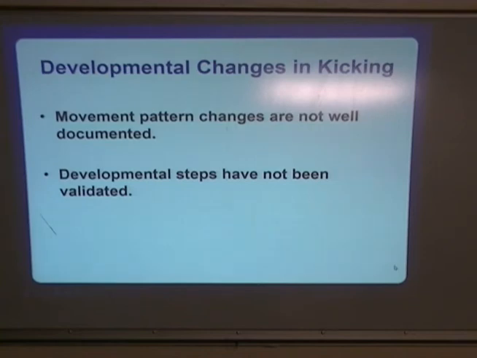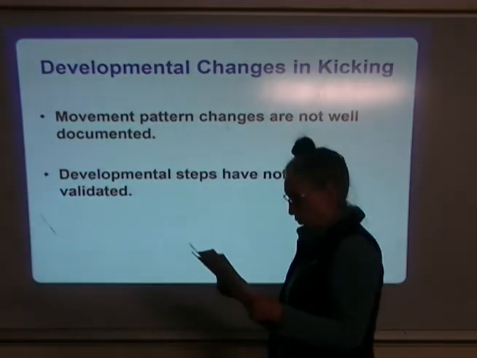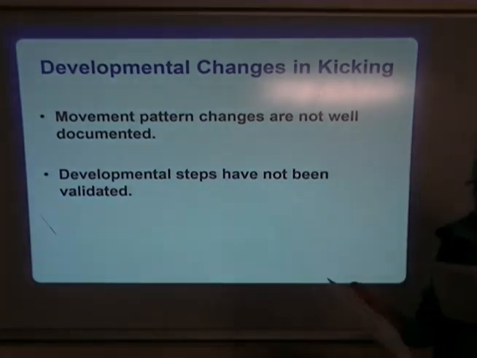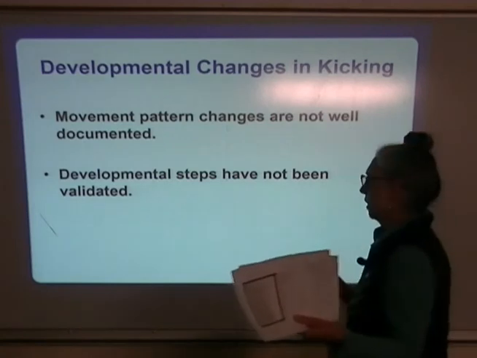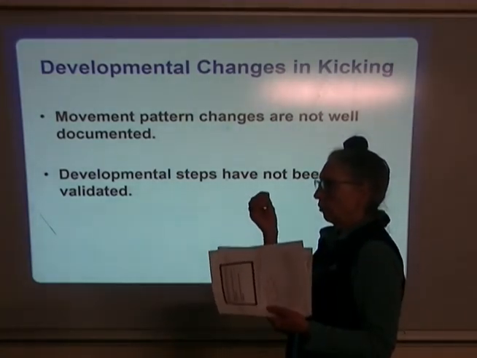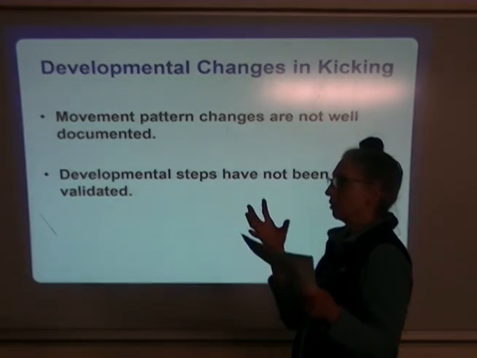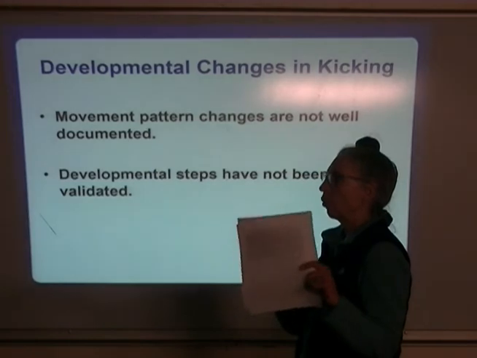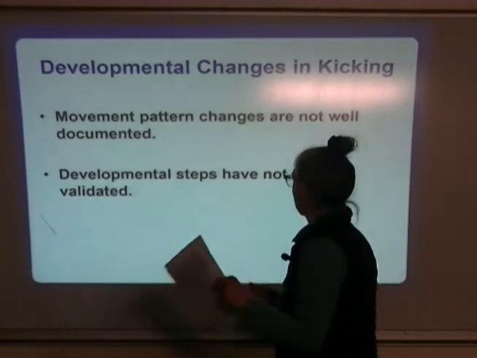So we don't have anywhere near the level of research on kicking as a skill as we do on throwing as a skill, unfortunately. We know the overall kind of pattern that we expect to see, but we don't have the detailed research to give us the full picture of the qualitative changes developmentally in kicking.